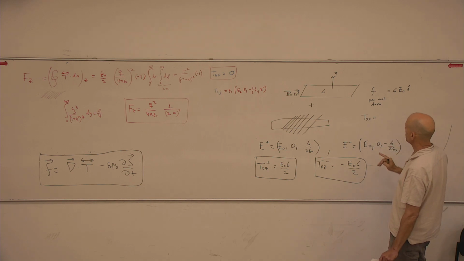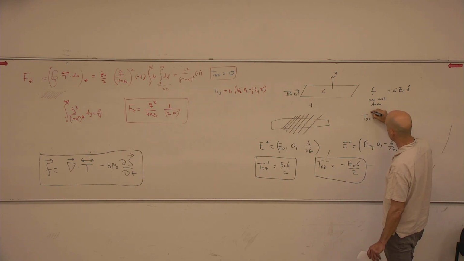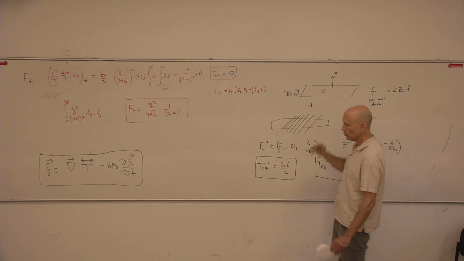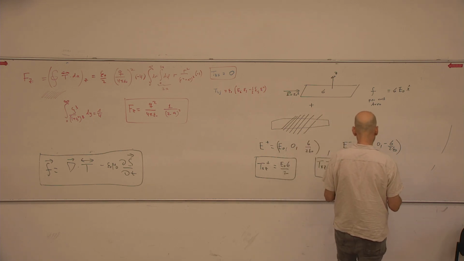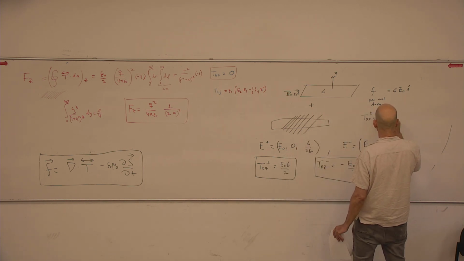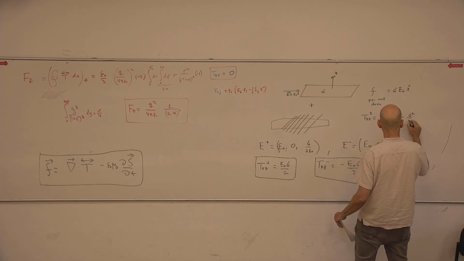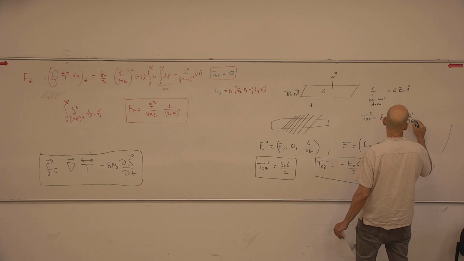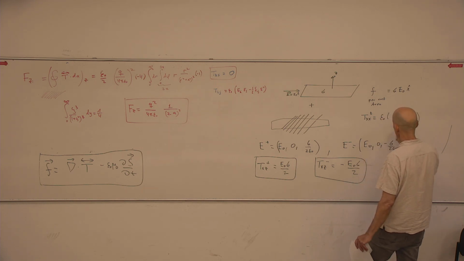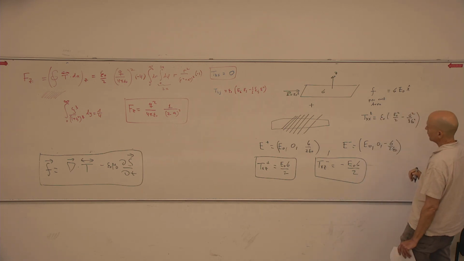So Txx is, the plus and the minus are the same, on top and on bottom, and they are given simply by epsilon 0 times E0 squared over 2, minus sigma squared over 8 epsilon 0 squared. Of course, the epsilon 0 will cancel.